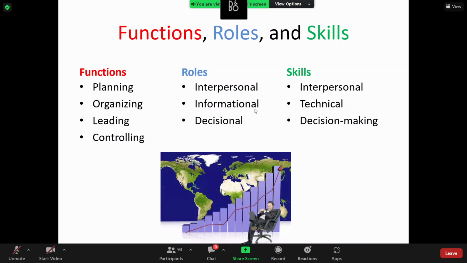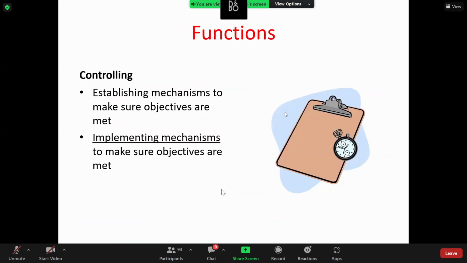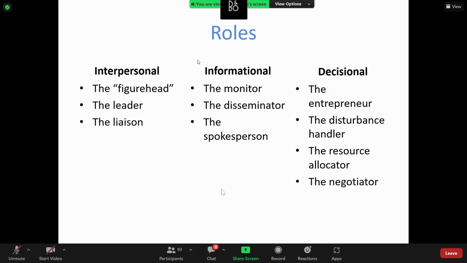Informational means that the role is about sharing information, and decisional means decision making. In these three subcategories, altogether there are 10 roles. These are the 10 roles identified by Henry Mintzberg.